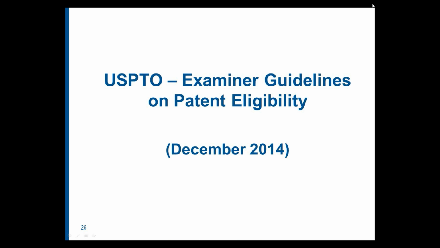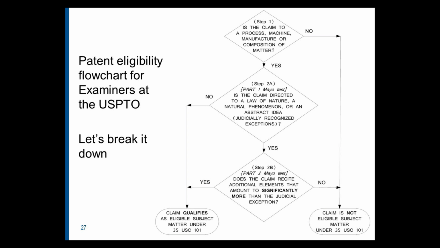Okay, so I want to talk a little bit about the examiner guidelines that were issued by the PTO in December 2014. These were prepared by the PTO to help examiners as they are evaluating patent applications under 101. The interim guidelines contained a flowchart that was meant to help examiners review the claims under 101, and it had a multi-step test.